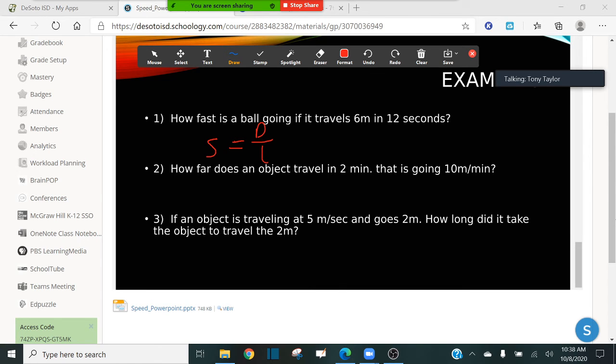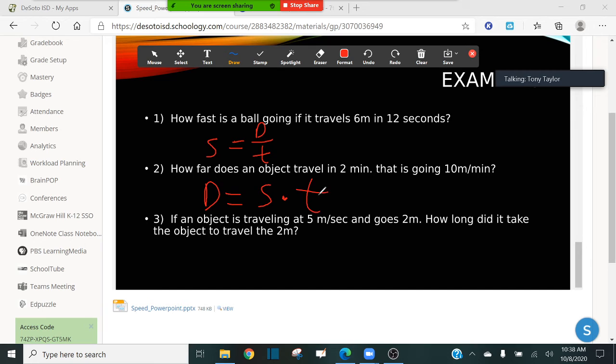over time. Or suppose you're given a problem like number 2, where it asks you to solve for distance, right? Because it says how far. In this case, you will just rearrange this equation at the top, where you will get distance is equal to speed multiplied by time. Or you could have a problem like number 3, where it asks you to solve for time itself, where it says how long did the object take to travel.